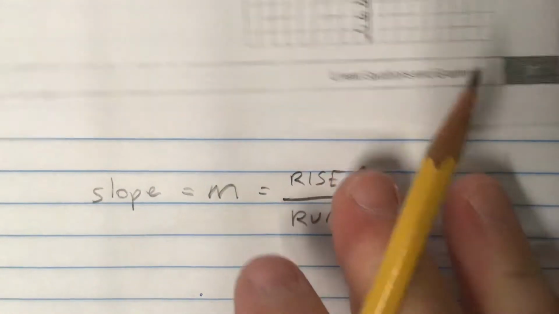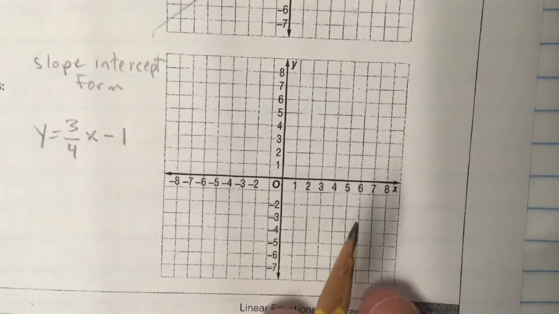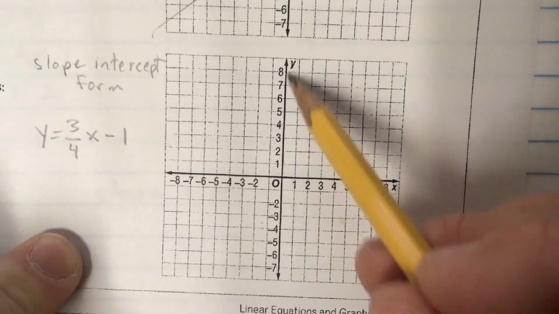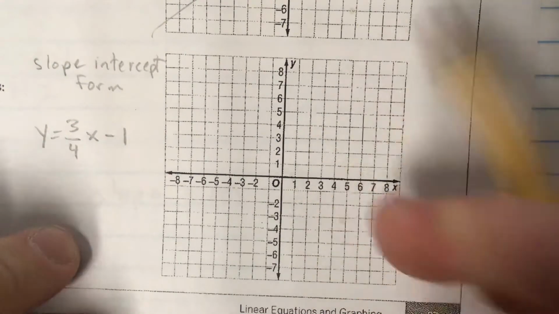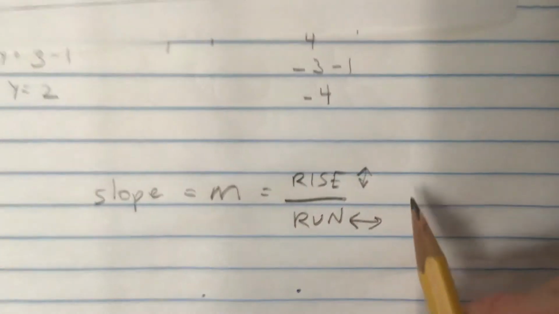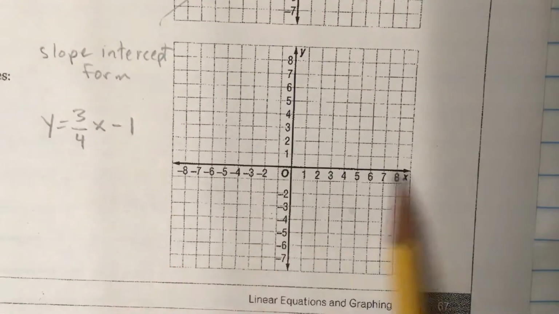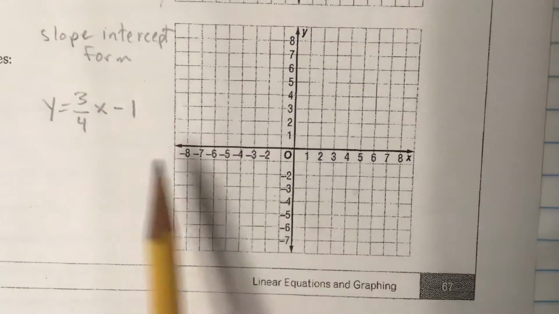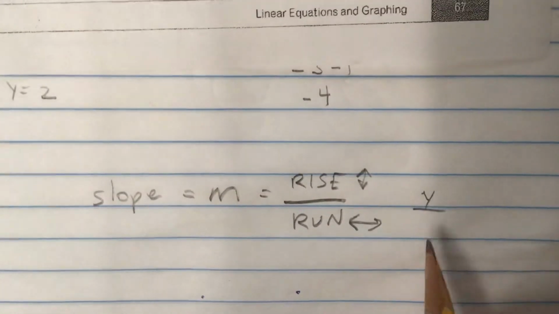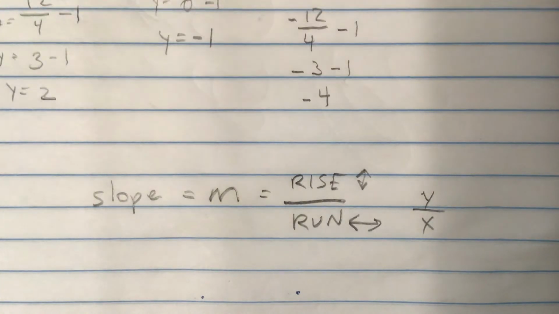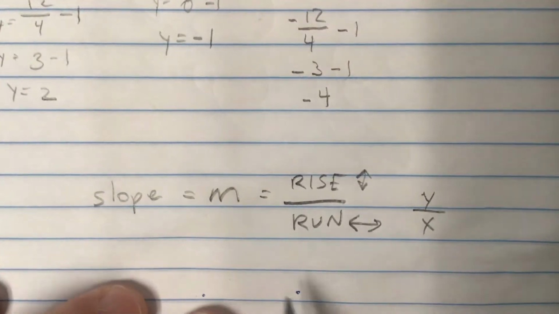Now, when we look at our graph in our coordinate grid, the y line is the one that goes up and down. So the y is going to be associated with the rise. And the run is the one for x that goes to the left and right. So the run is going to be associated with the x.